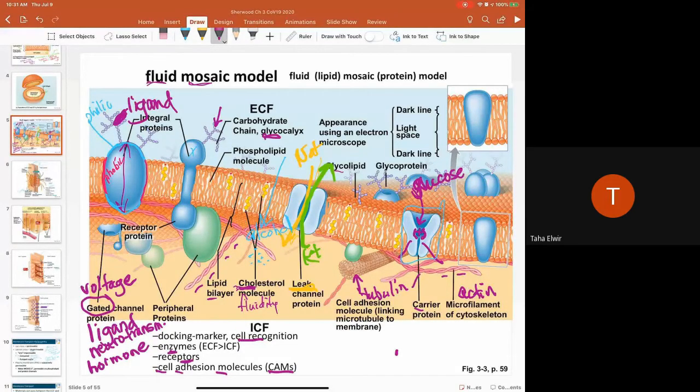Glucose comes in, binds, and then gets transported in, and we've got glucose in the cell. Now, a red blood cell is going to use glucose because it doesn't have mitochondria. So it's going to send the glucose into glycolysis.